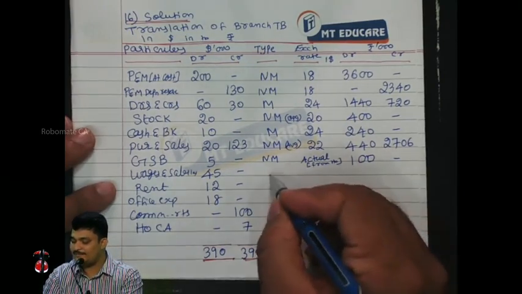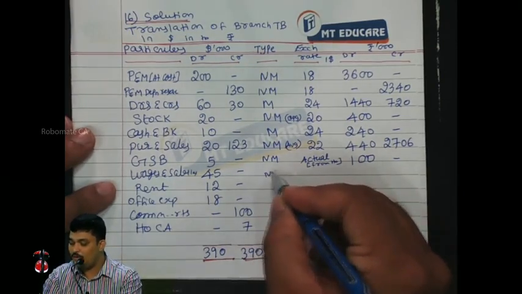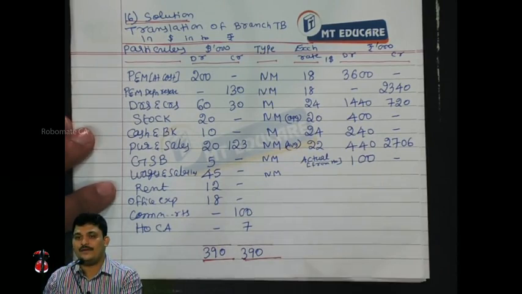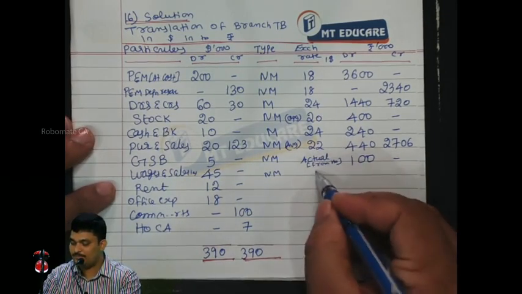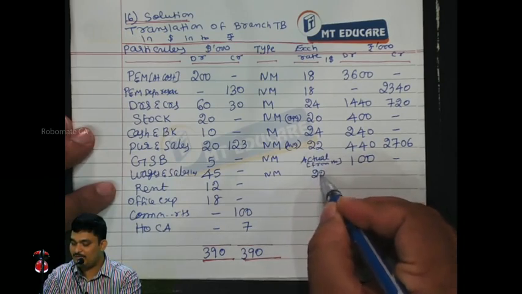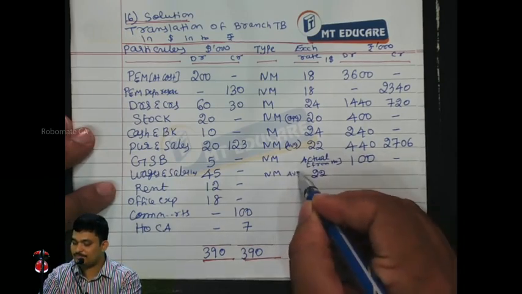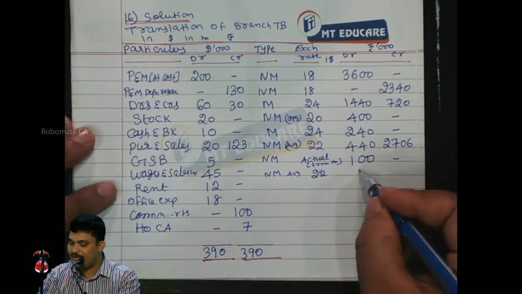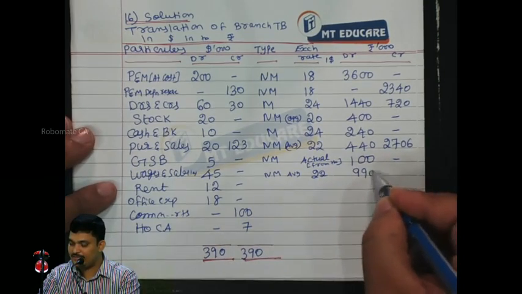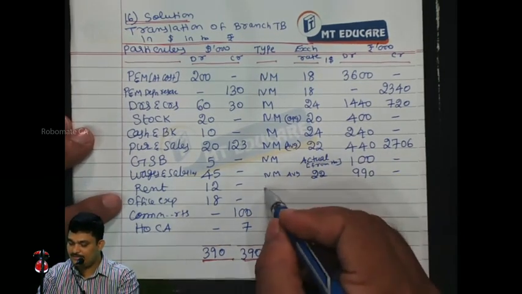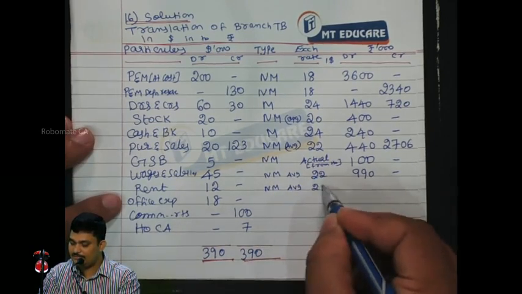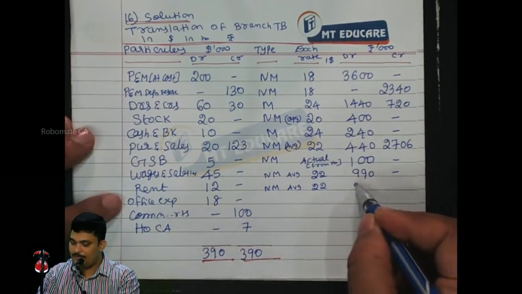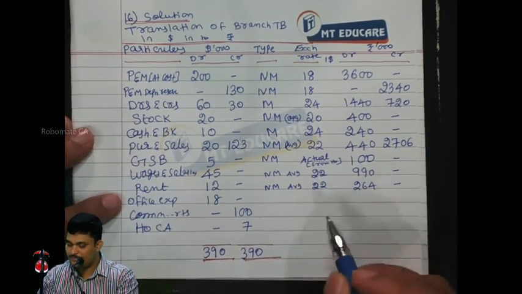Wages and salaries, non-monetary. It is not receivable or payable. That's an expense. So that expense is non-monetary. So average rate 22,900 and okay. Rent, non-monetary, average 264.